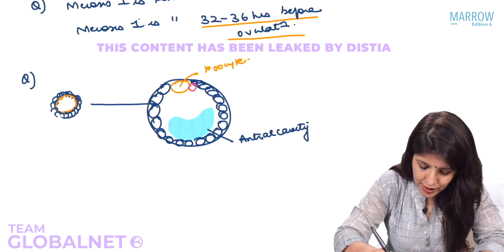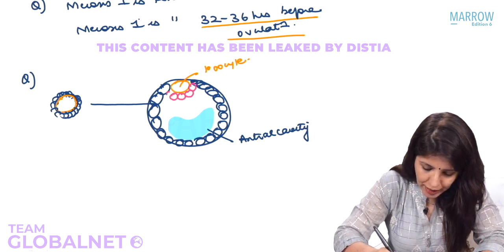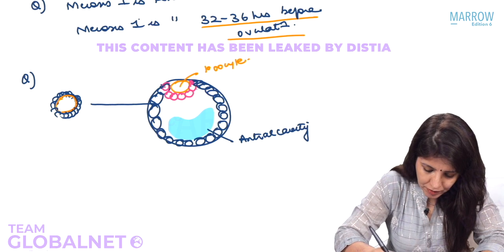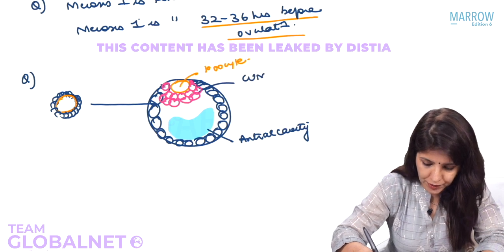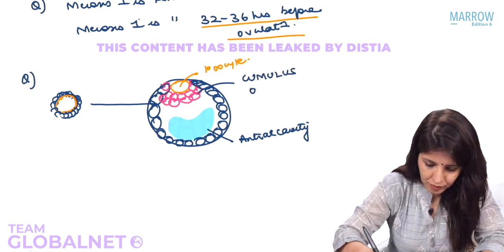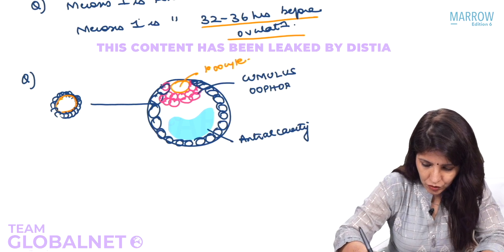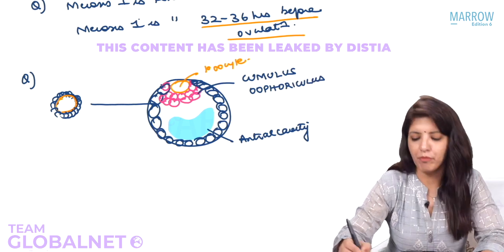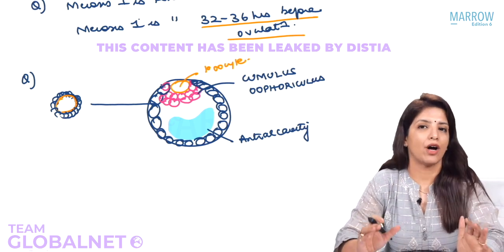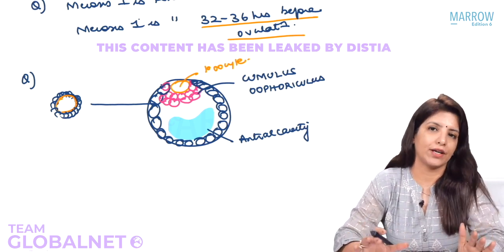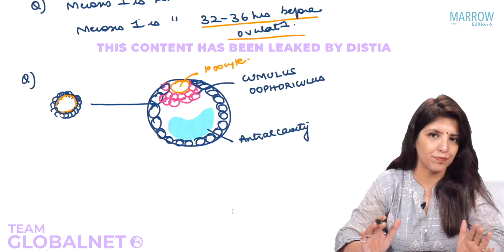The granulosa cells which surround the primary oocyte in the follicle are called cumulus oophorus, right? And that's a very important question: what is the name of the granulosa cells which surround the primary oocyte in a follicle? That is cumulus oophorus.